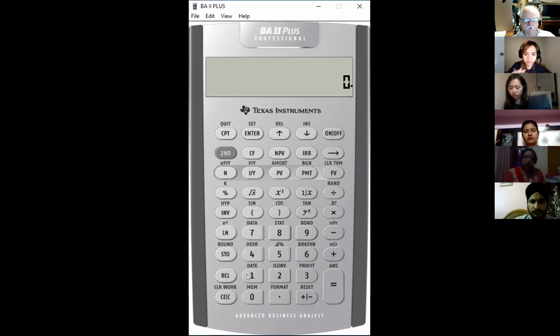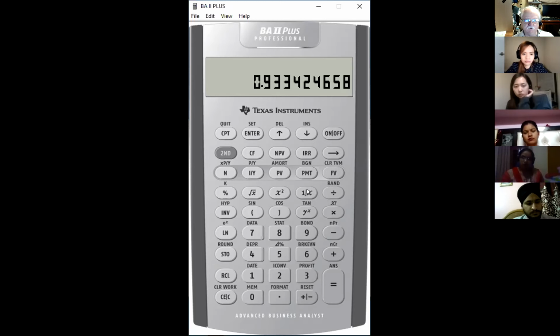I could have stored it in 0, 1, 2, 3, 4, 5, 6, 7, 8, 9. Now that I've stored it, I can go 1 minus recall 1 equals. And so we ended up with the same number without using that plus minus key.